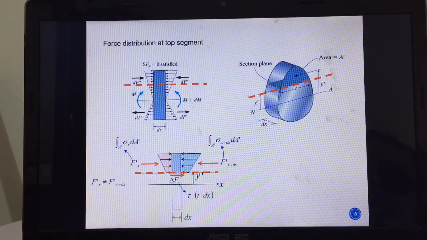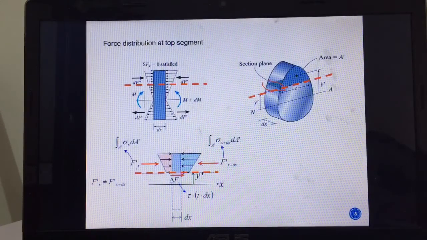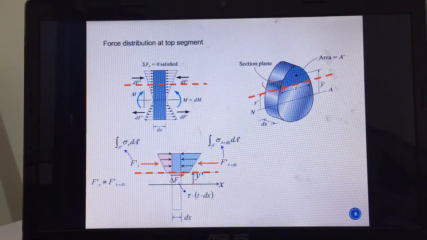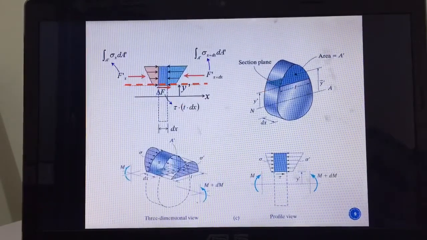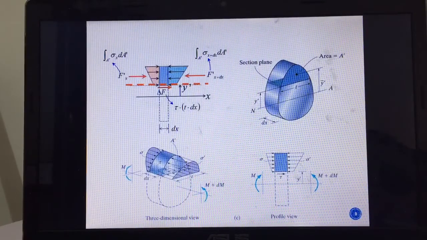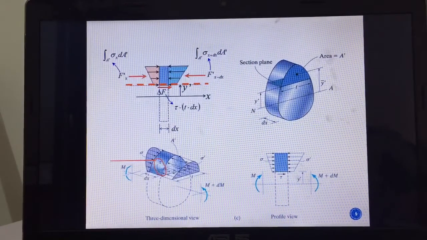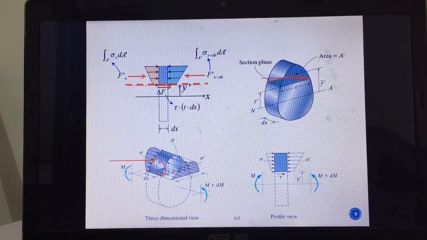Like I said, because you have M here and we have M plus dM at the other side, you have this kind of free body diagram. And then once you did all of that, you will need this complementary tau, shear at the surface at the bottom here, right?